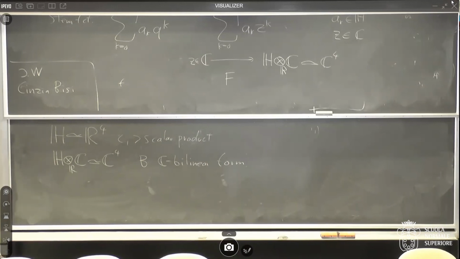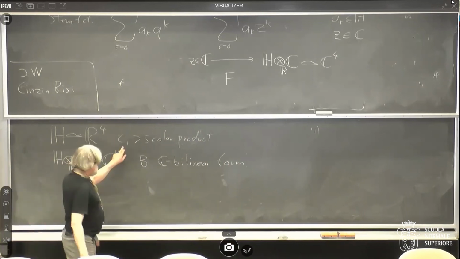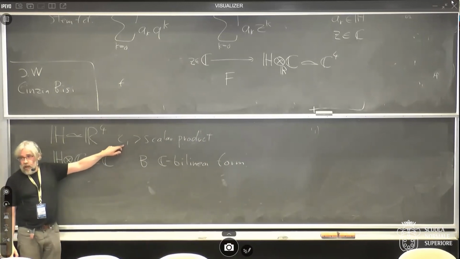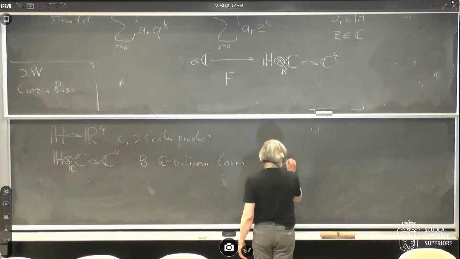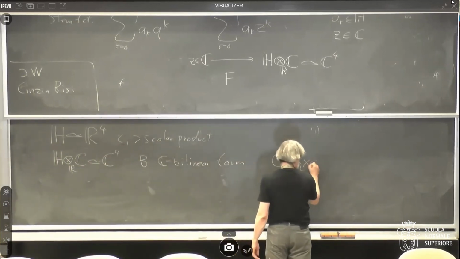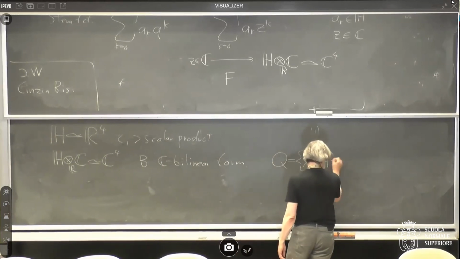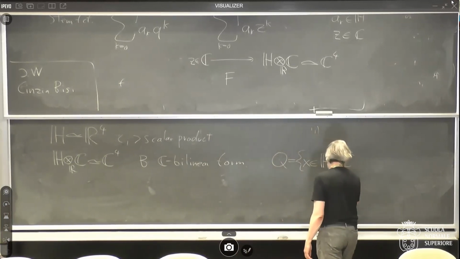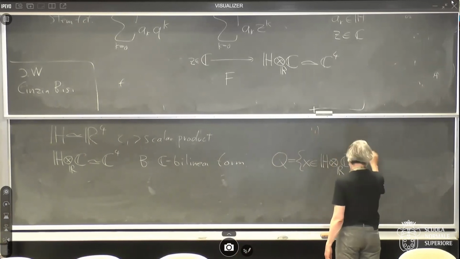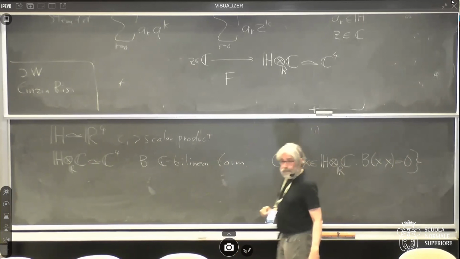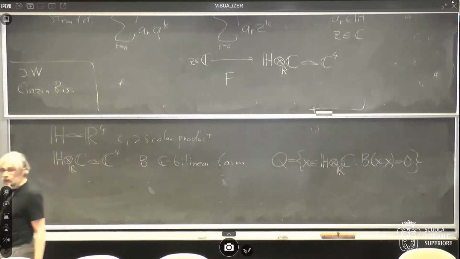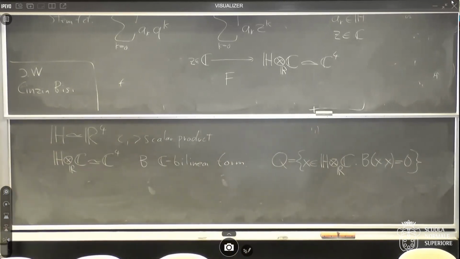And because it is a C bilinear form, unlike the case of the scalar product, this can now be 0. And Q is the set of those elements in the tensor product where this is really equal to 0. So this is just one defining equation, which is polynomial.